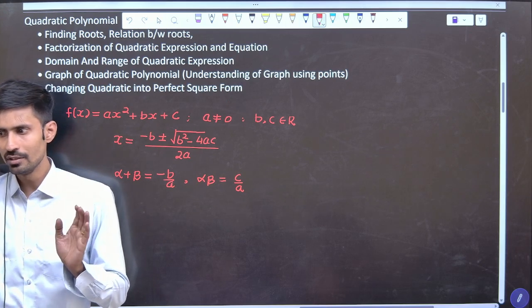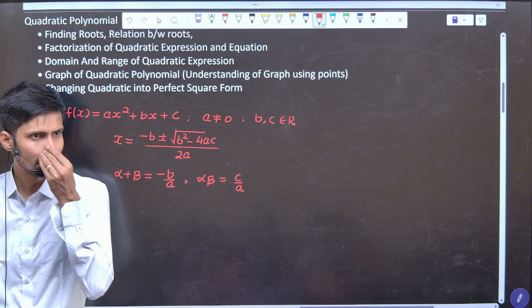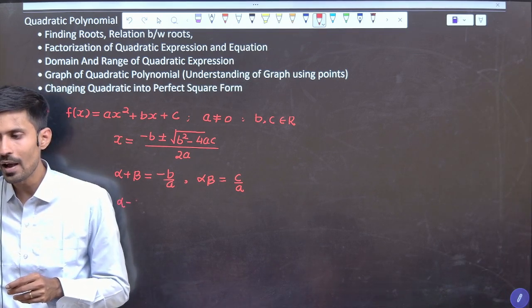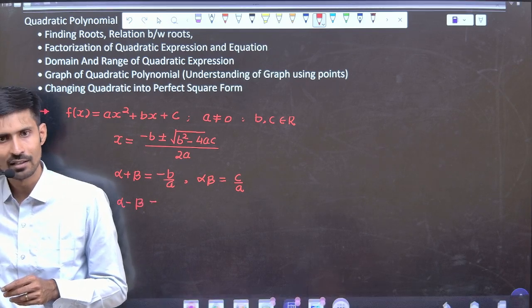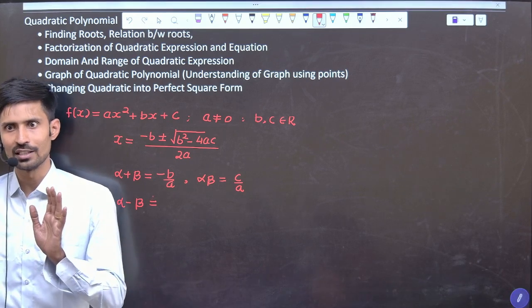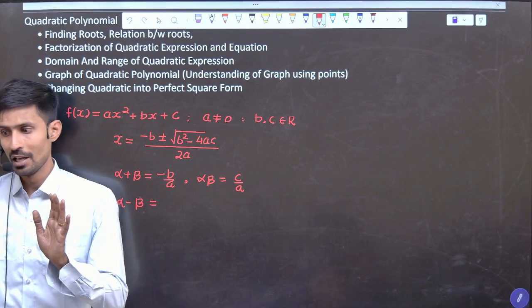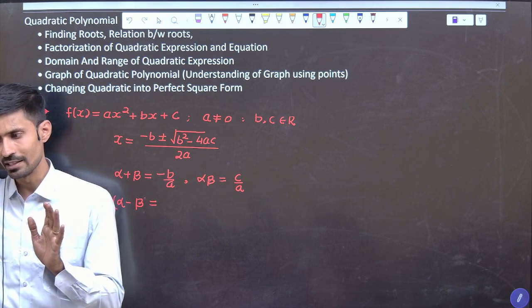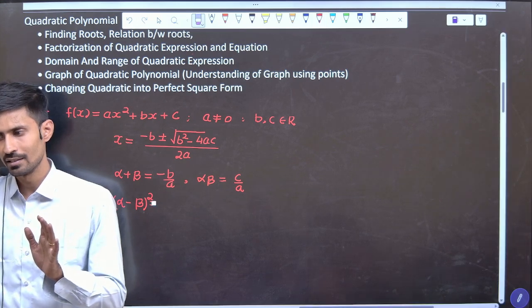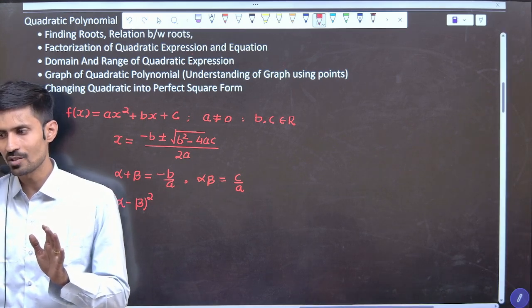So you understood? Relation between roots and something. And here, suppose someone is asking you, what will be alpha minus beta? So see, alpha minus beta directly we cannot say. But there is a square we can say. What will be alpha minus beta whole square?